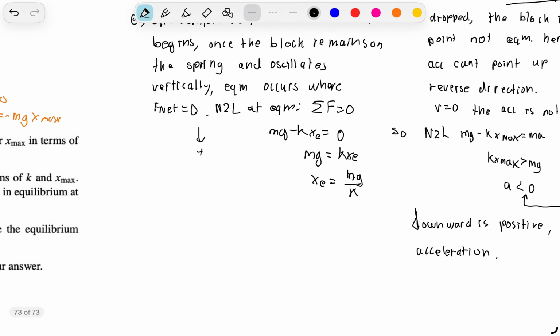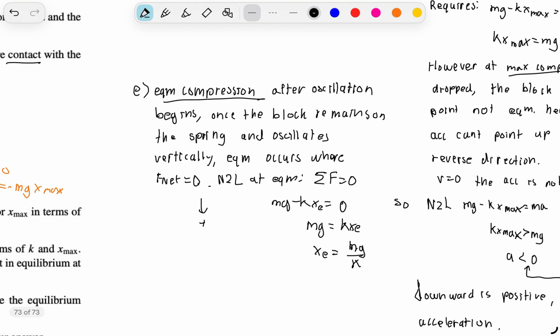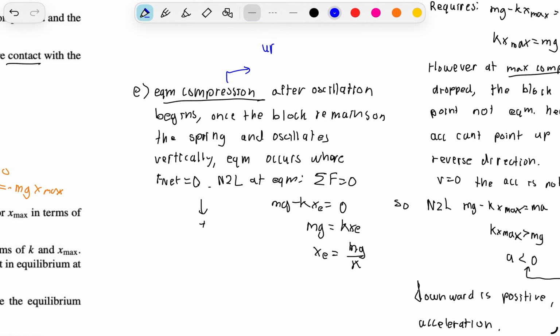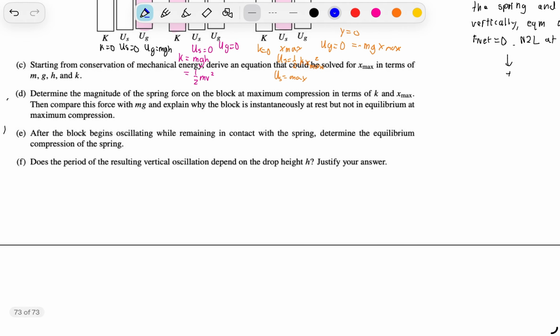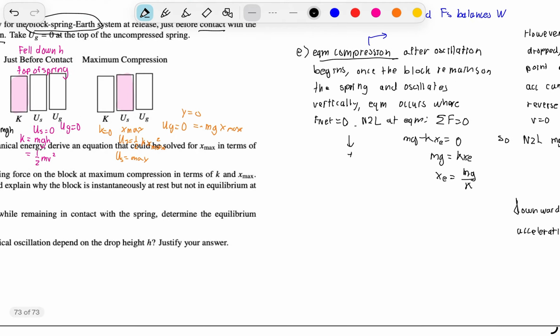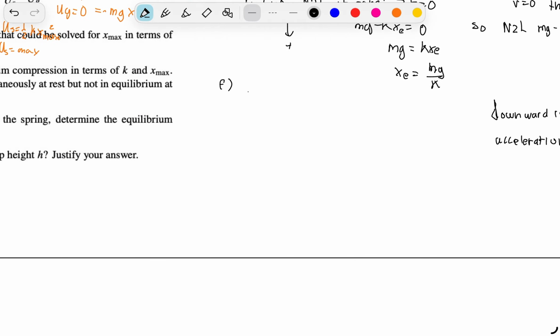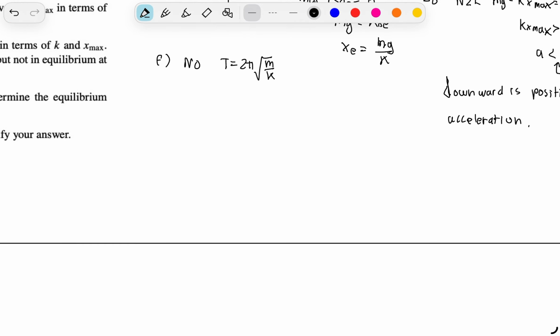So at equilibrium compression, the upward spring force balances weight. We're asked, does the period of the resulting vertical oscillation depend on the drop height h? No, it doesn't, because T is equal to 2 pi times the root of m over k still for a vertical mass spring in simple harmonic motion. So there is no h, because a vertical height drop changes the amplitude.